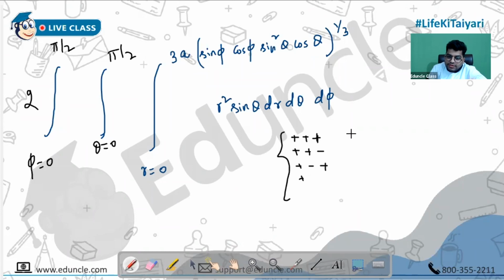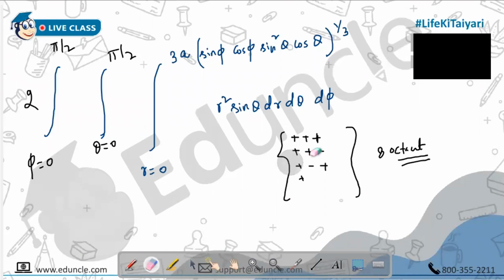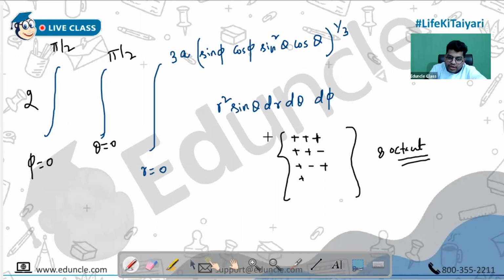This kind of combination forms 8 octants. Yes or no? Am I clear? But in all 8 octants, how many octants does this question have a valid region? In 2 octants only.